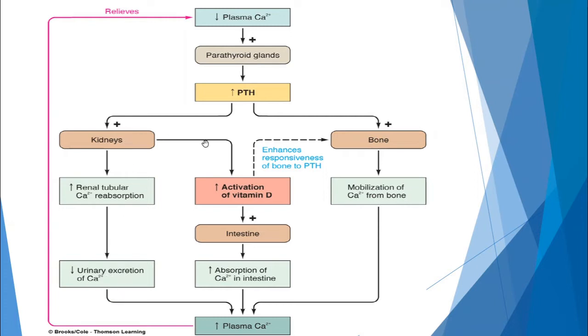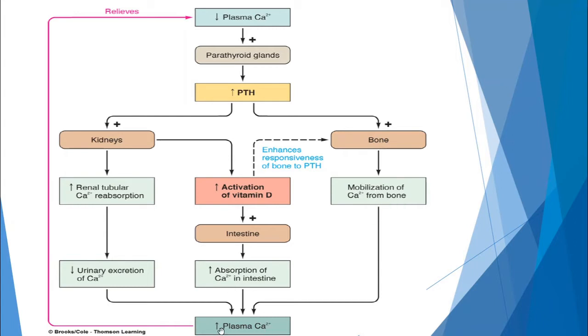The kidneys also increase the activation of vitamin D, which activates the intestine to increase absorption of calcium. And the bone, which is activated, causes mobilization or resorption of calcium from the bone.